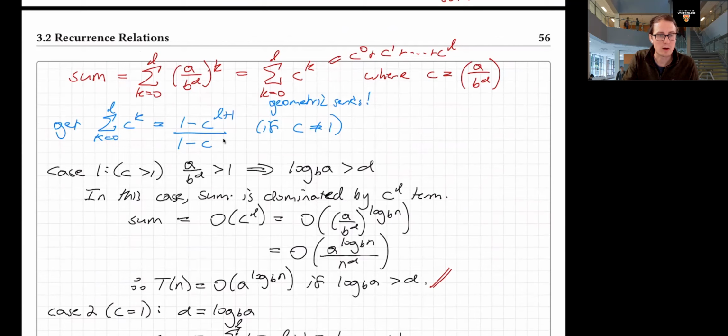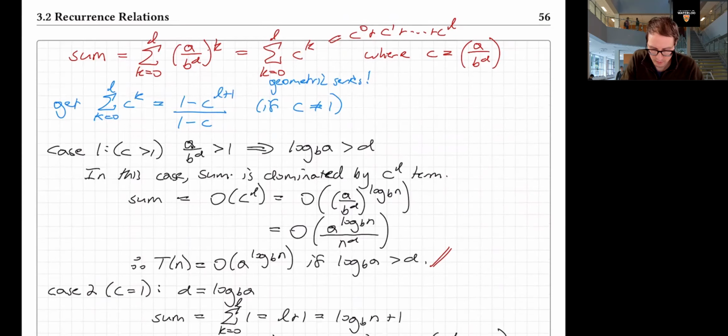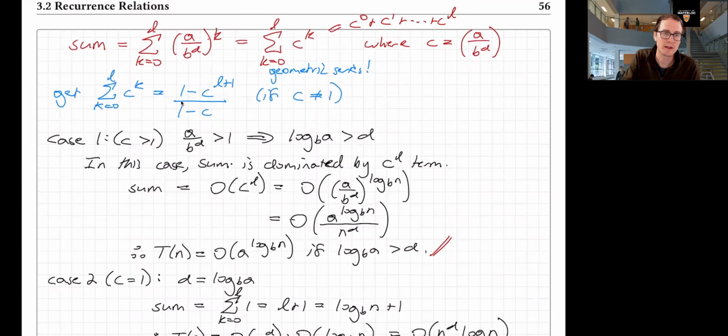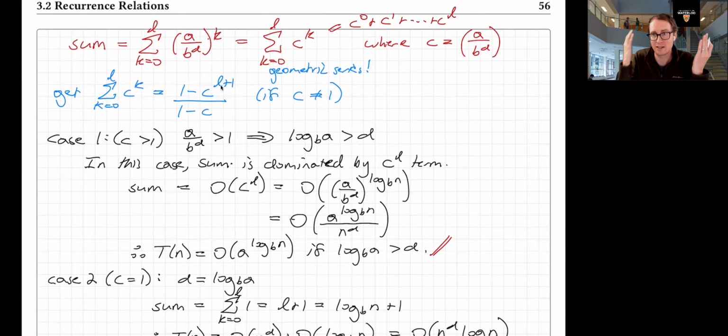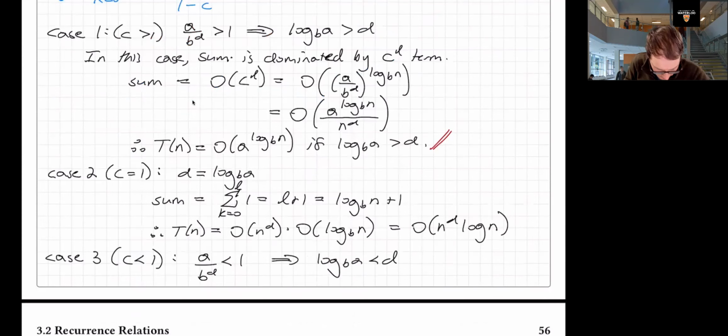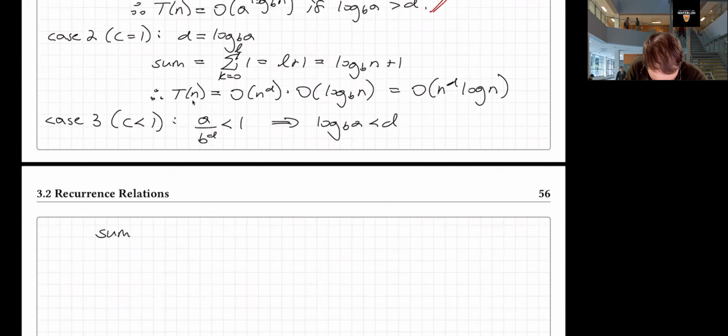And so this overall sum now is big O of 1. In the numerator, we just get 1 minus C to the power of something, which is a number less than 1, so this will be like 0.5 on the top or something. And then in the denominator, again, we get 1 minus some number that's less than 1. So this is just a constant. So the sum is big O of 1.